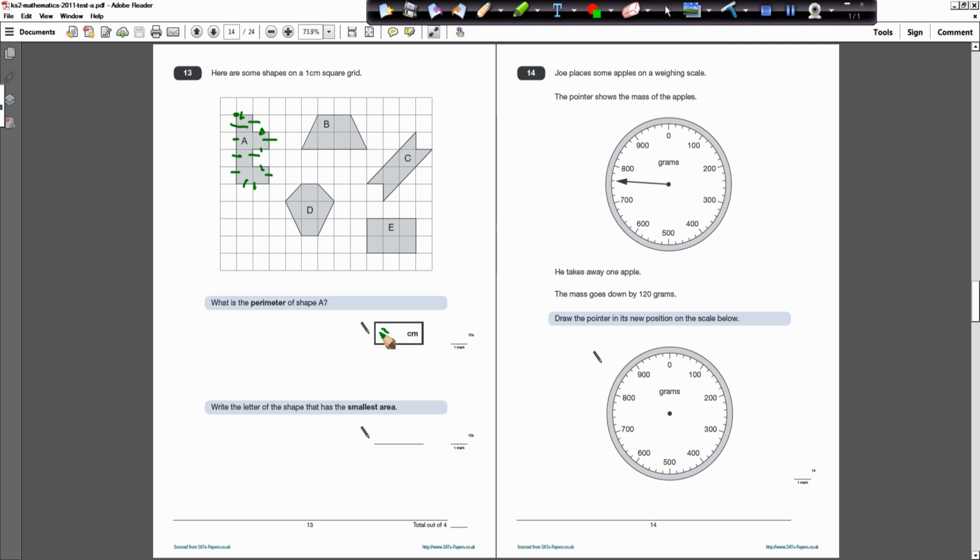So the perimeter of shape A is 14 centimeters.